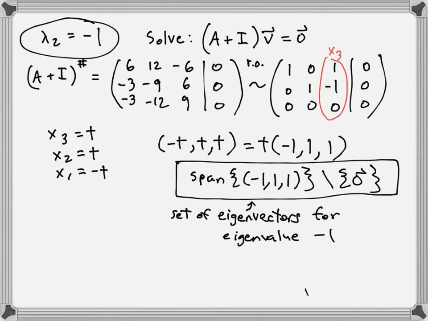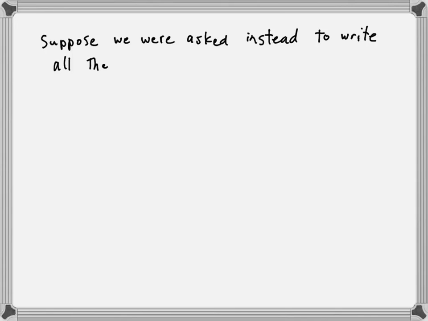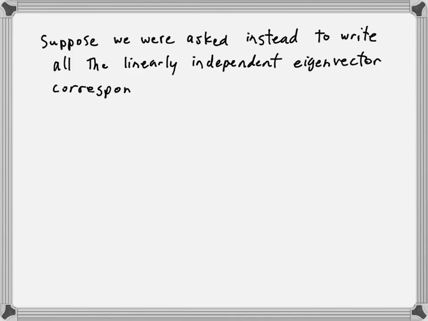Suppose we were asked instead to write all the linearly independent eigenvectors corresponding to each eigenvalue. So how would we write that?